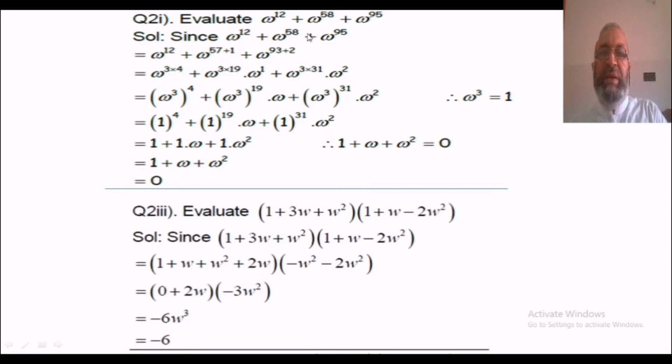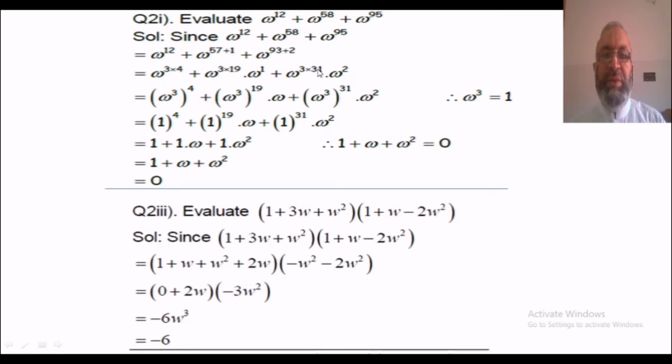So first of all, change this into omega cubed form. In omega cubed form, 57 is 3 multiplied by 19, and omega 1 means omega power 1, plus omega power 95, that is omega power 93 plus 2, because 93 we can write as 3 multiplied by 31.